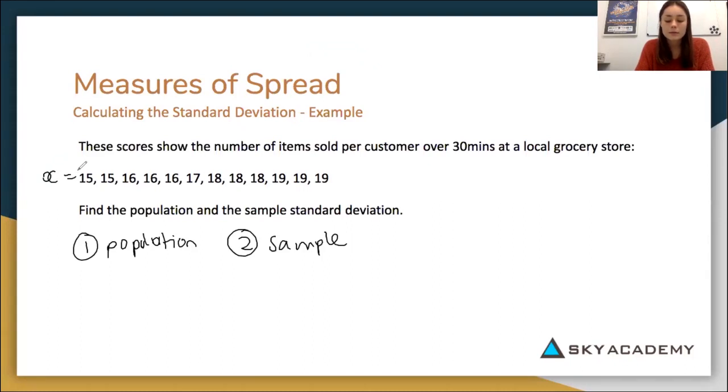Once you've got all of your data points in your calculator, you can press AC. When you press AC, it should come up with a 0 down the bottom. That's telling you that your calculator is now in stat mode. If you also look at the top, it should say stat in the top bar.